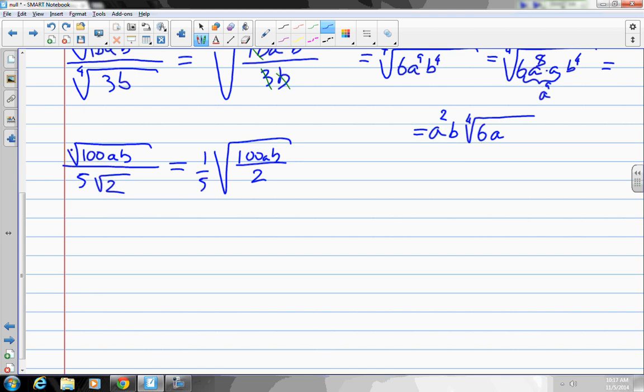We can kind of do that because that 5 was not a part of the square root. So you can reduce this. It's 1/5, and then what is it? Square root of 50ab, right? You divide 100 by 2. And then how do you deal with the square root of 50?